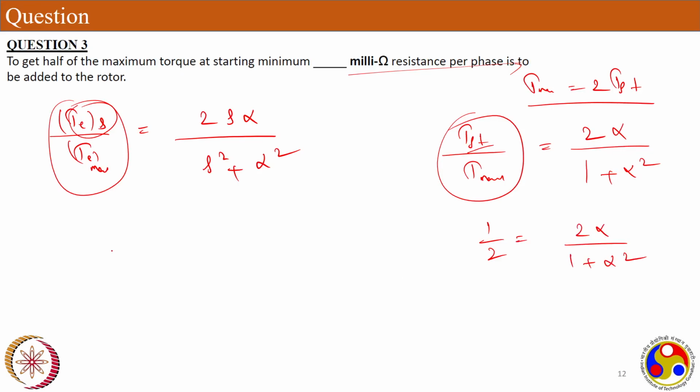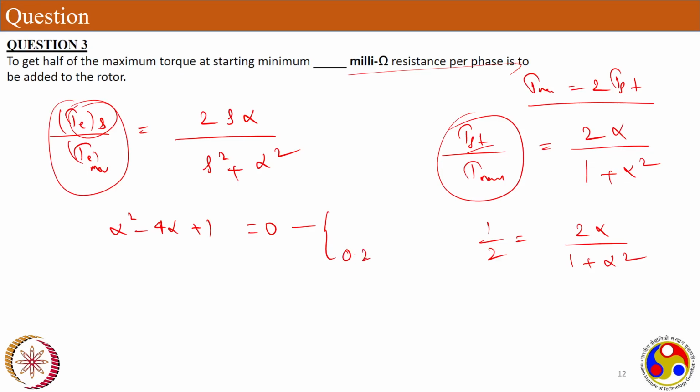Okay. Now, you solve this, you will get a quadratic equation: alpha square minus 4 alpha plus 1 is equal to 0. So if you solve this for alpha, you will get two values, and you will have to pick up the minimum value from it, which you feel is valid.